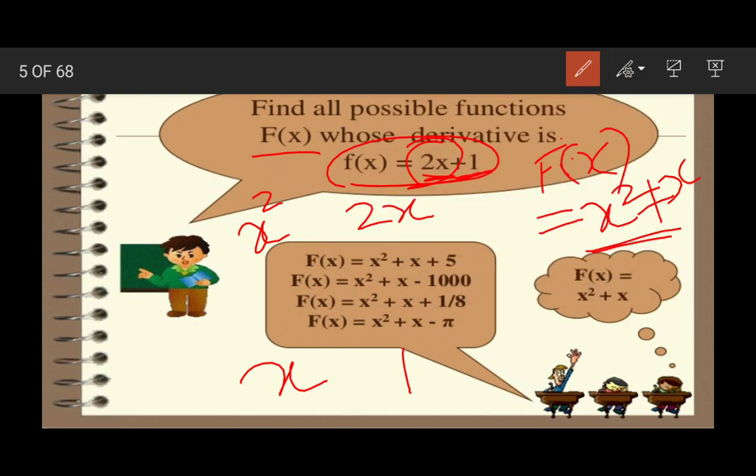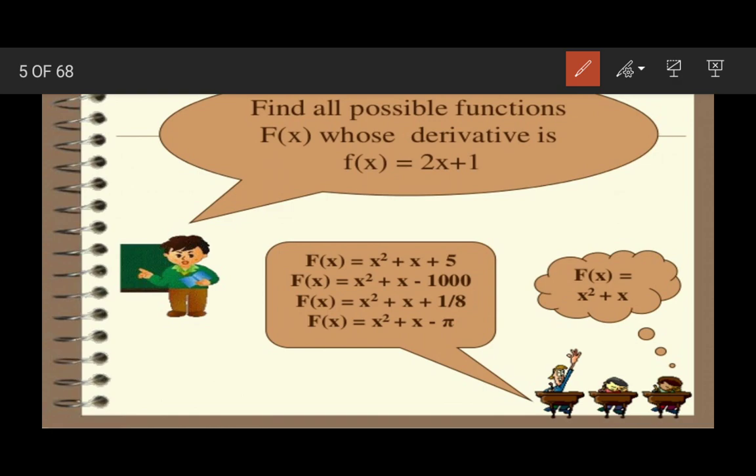Now see here, once again, F of x is x square plus x plus 5, right? This is possible, right? One answer is F of x will be x square plus x. This is the one answer.